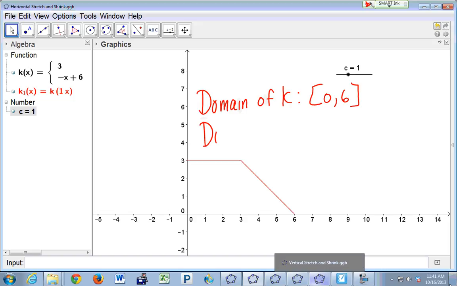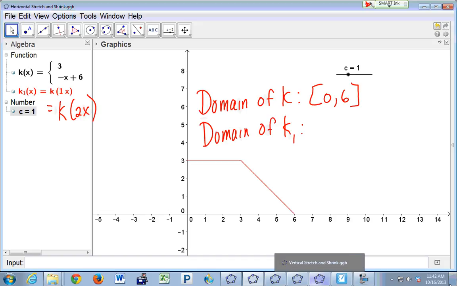So now we're going to look at the domain of K1 when c is a number like this, 2 times x. If you're thinking of this as like a time function and a speed function, or some people might say, again, you can use that little trick I told you. What would I have to do to 2x to get back to x, to get back to my original x?